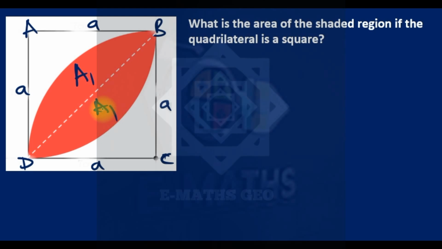These two areas are the same, meaning that the area of this shaded region is 2A1.